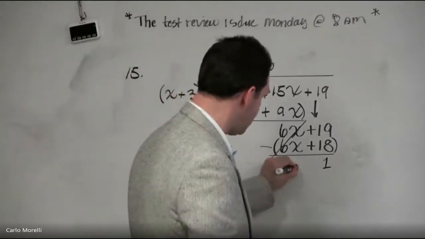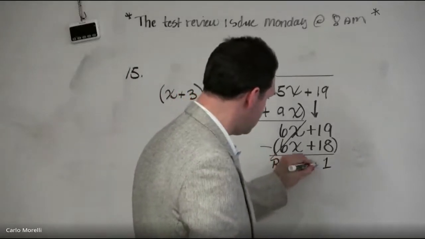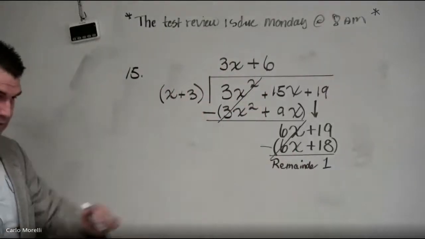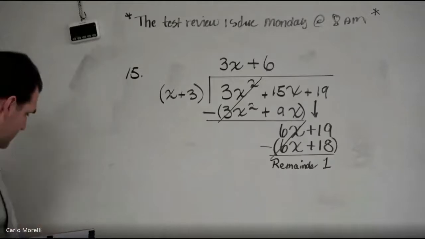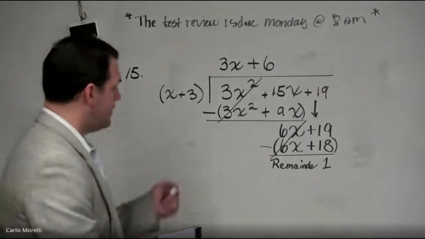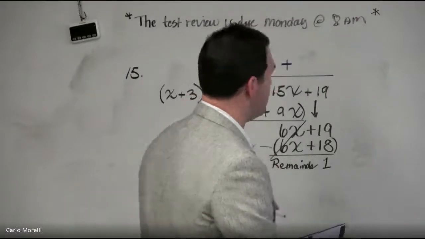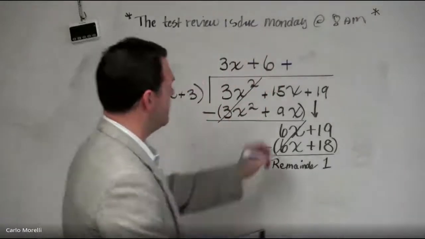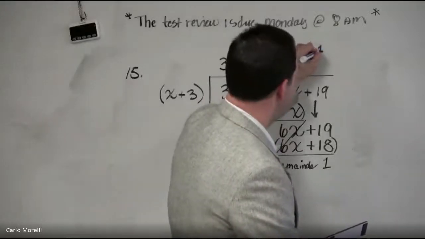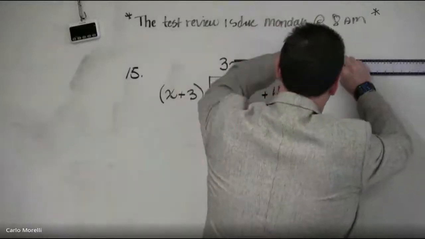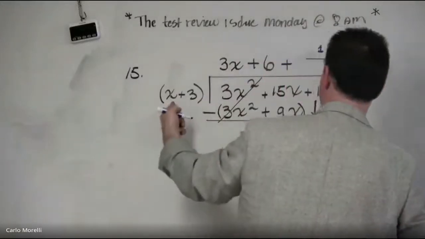Write remainder 1. So the way that you show that remainder in your quotient is you put a plus sign, and then real small, you put a 1, and then you draw a line. x plus 3. Very good. 1 over, and then whatever the divisor is.